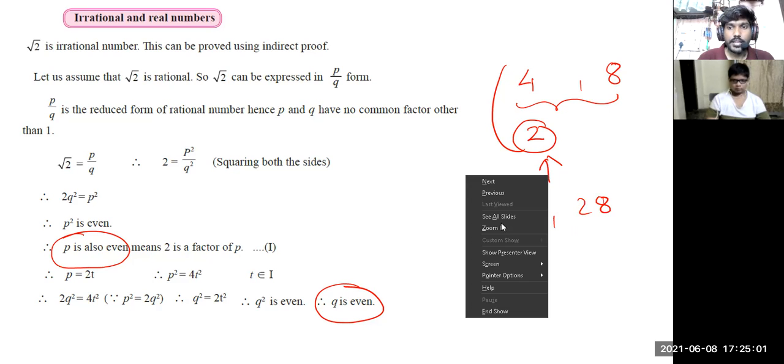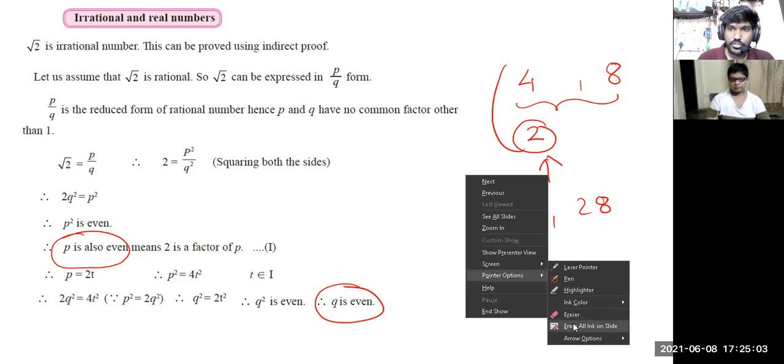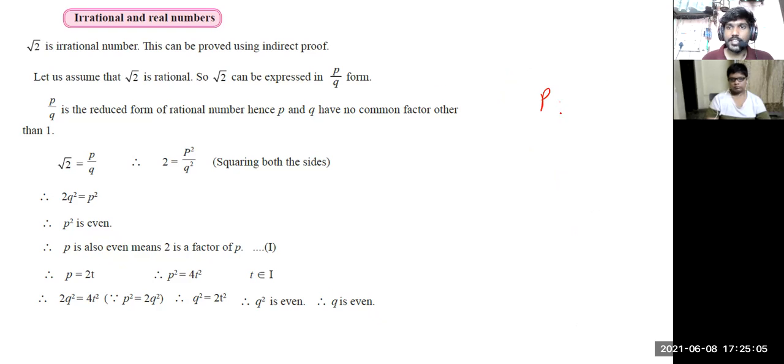Now use the same logic for p and q. What we have said, p and q both are even. That means both of them are multiples of 2, and both of them will have a common factor, that is 2. Correct?